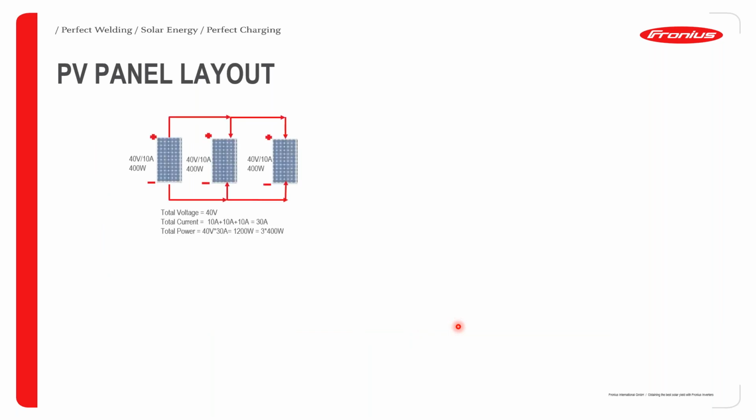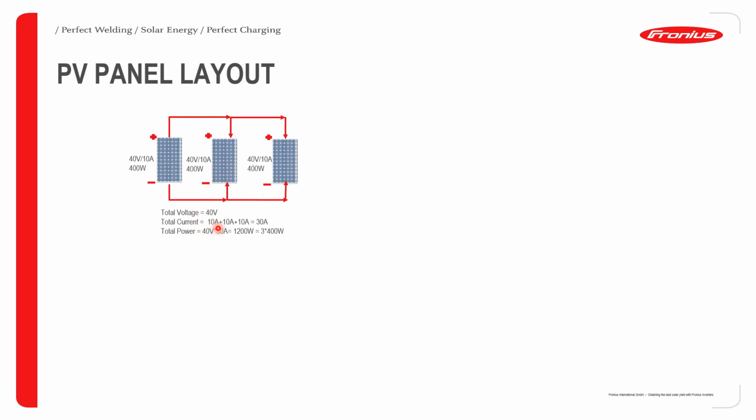So to buttress this fact, we have illustrations. First off, we have the case where we have a parallel circuit of 40 volts, 10 amps, and 400 watts, as you can see in this case. So the total voltage for parallel circuits is the same as the voltage drop across the panels. So if the panels are the same, then you would have the same voltage drop across them as its summation voltage.